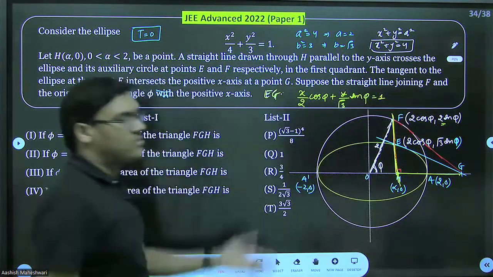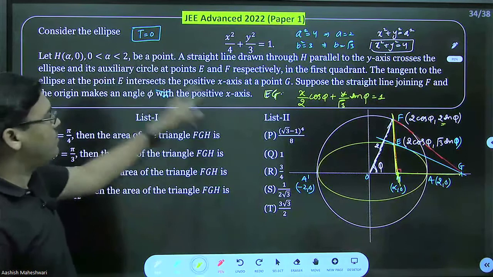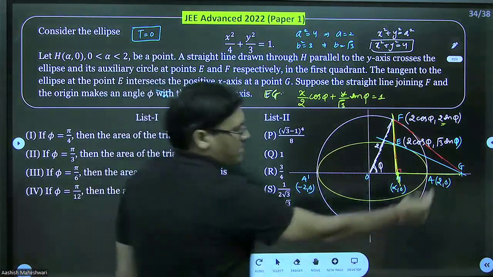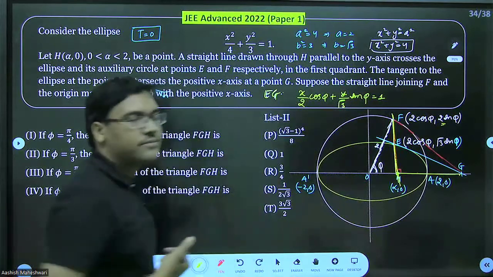This is the standard ellipse, and its equation of tangent T equal to 0 at any point phi. Now G is the point of intersection with the x axis.